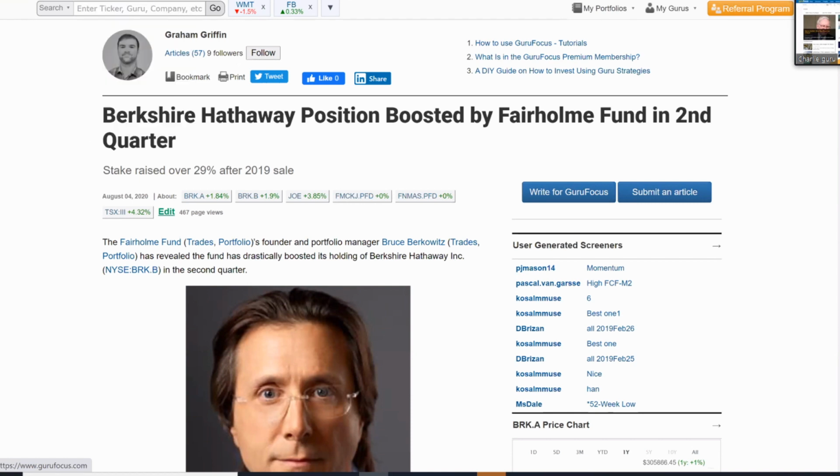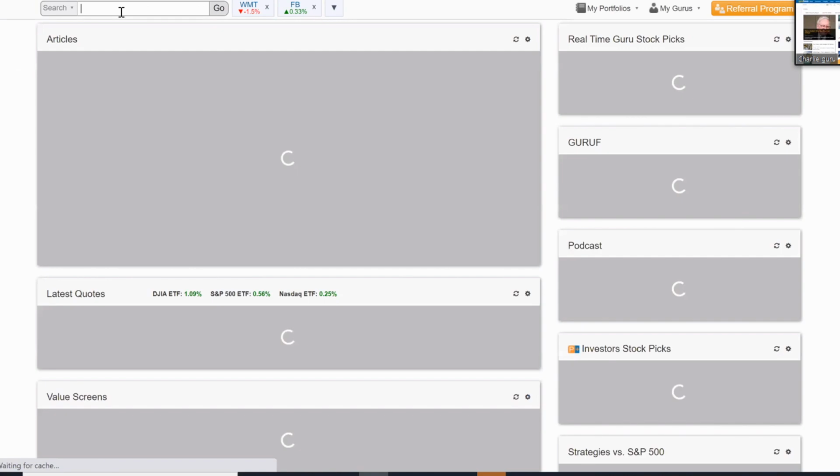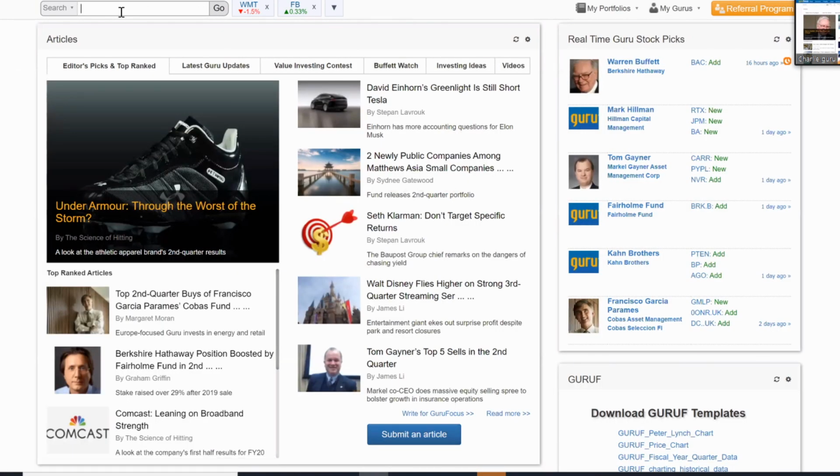So I really encourage everyone to use the search box. It's very powerful, and it makes it much easier to find the features we have. That's one thing I want to talk about again.